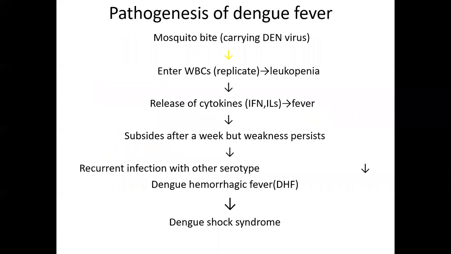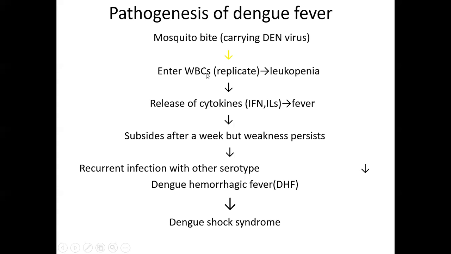How does the dengue virus get acquired by human beings? This is the pathogenesis of the dengue virus. The mosquito carrying the dengue virus bites the human being, and that virus enters into the WBCs and causes cytolysis.